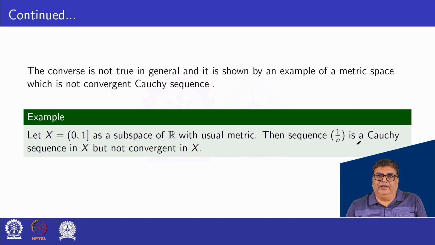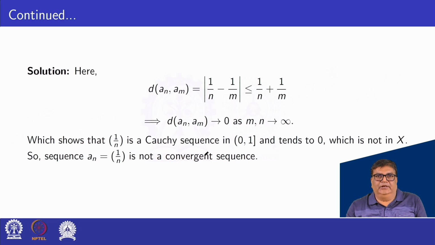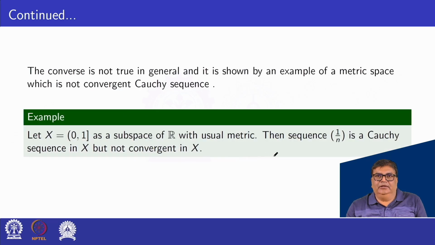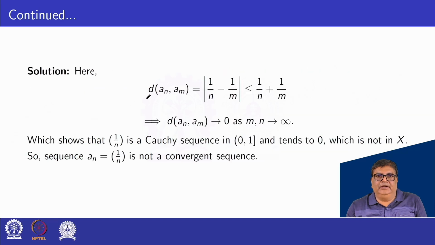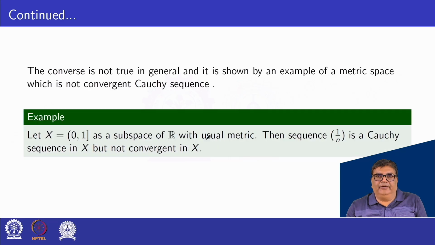Then the sequence 1/n is a Cauchy sequence in X but not convergent in X. Here 1/n is a Cauchy sequence in X, that is, d(a_n, a_m) is the absolute value of 1/n minus 1/m, because here we define the metric as the usual metric. Then a_n = 1/n and a_m = 1/m.